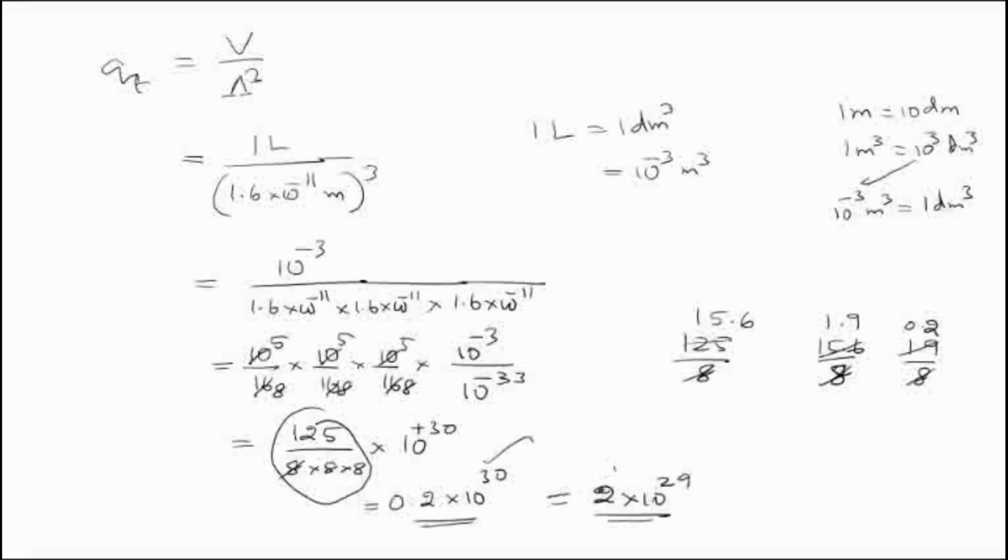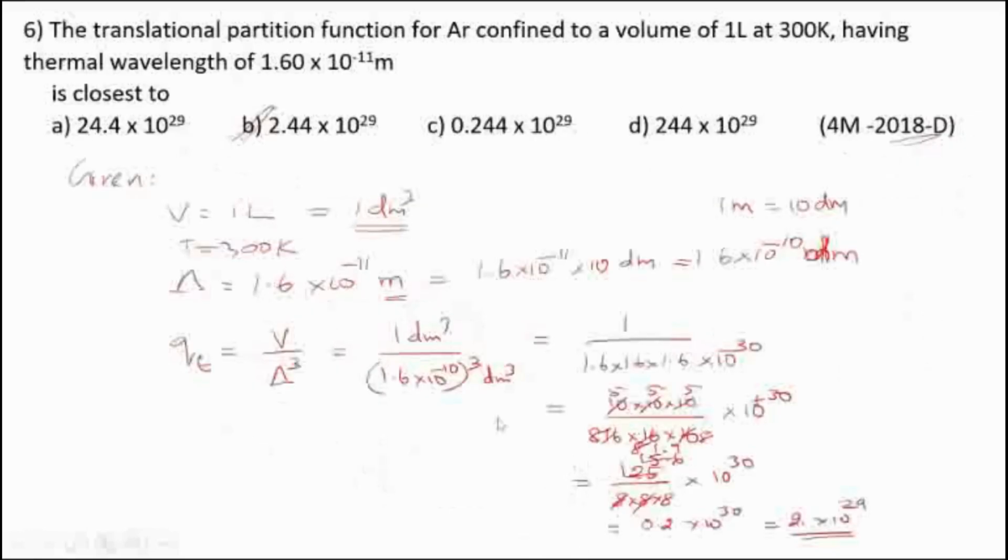So in the two, we have to check whether there is an answer in the options. Okay. So we'll check the options now. So 2 into 10 power 29 or 0.2 into 10 power 30. 10 power 30 option இல்லை, எல்லா ஆப்ஷன்லையும் 10 power 29 தான் இருக்கு. So 10 power 29 இருந்தா 2 point something வரணும்.